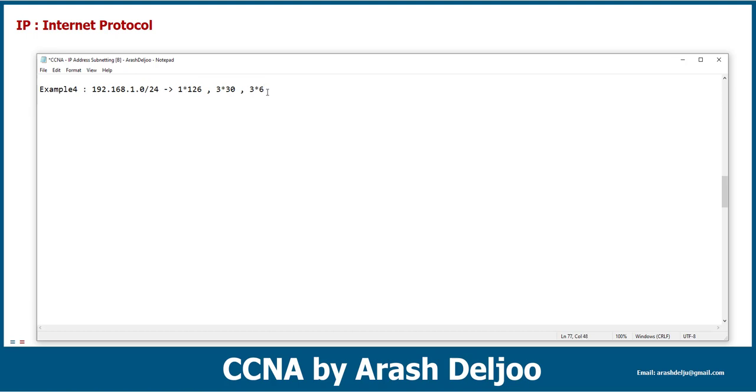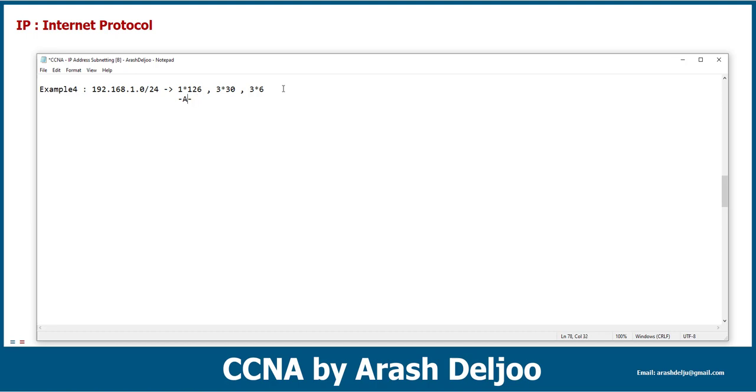You know that here we have 3 types of requirements, and it's better to first design the network with the most PCs. For example, we can design first this network, one network with 126 IP addresses.